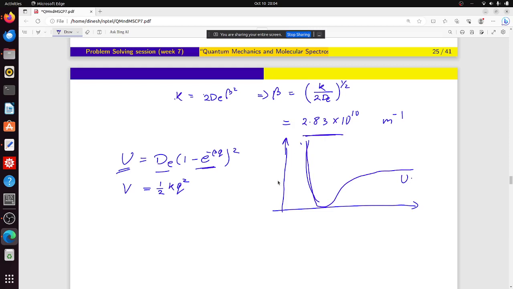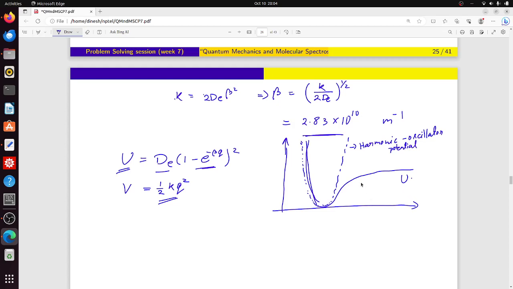Now if you plot the potential v, let me denote it by a dashed line, it will be like this. So this is the harmonic oscillator potential, and this is the Morse potential.